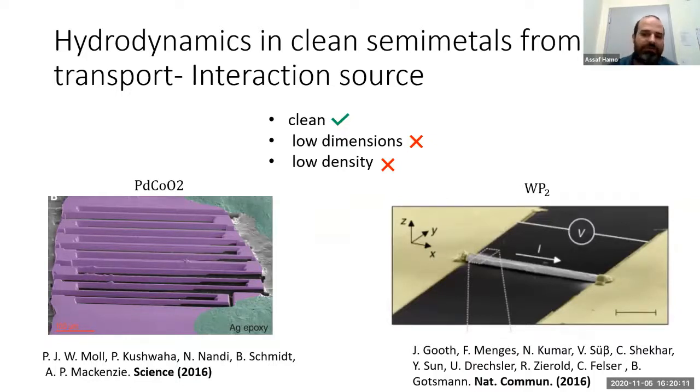And what I want to argue today is that there is a different path for having interactions in such systems that will allow hydrodynamics in those materials. Hopefully this will open the way to combine hydrodynamics with different properties and allow for those unique combinations.